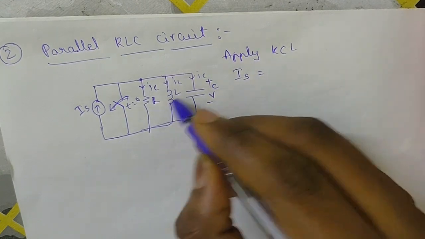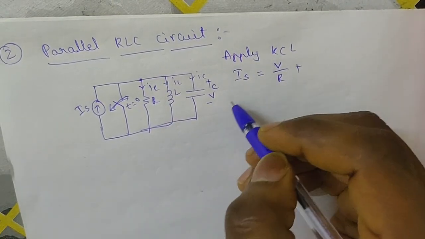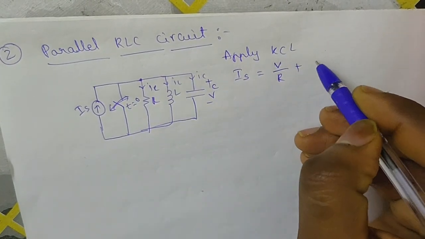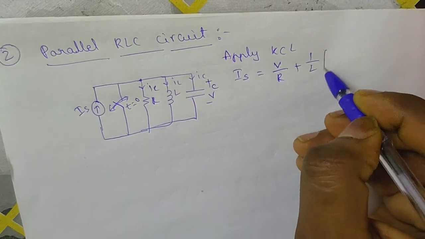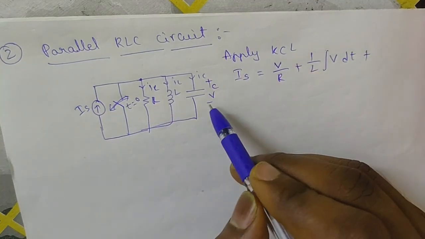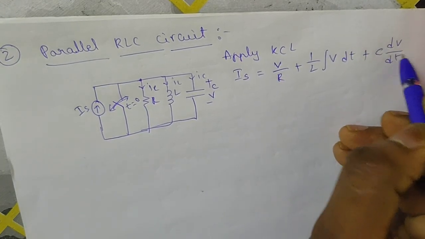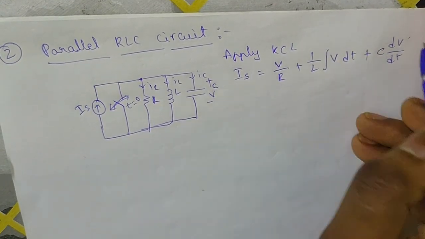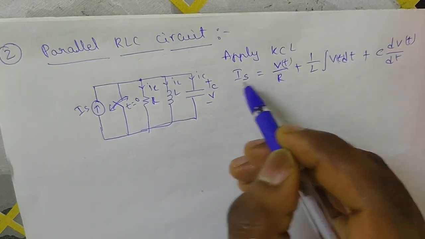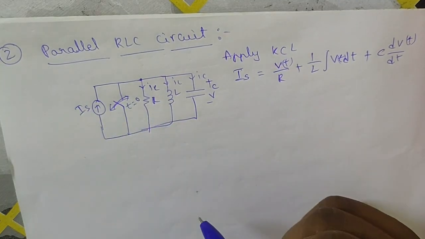So we will write this as V by R plus, and we will write the inductor current as 1 by L integral of V dt, plus for the capacitor, the current is C dV by dt. As this capacitor voltage is time variant, it is V of t. But this I of S is a constant because we are using a constant current source.